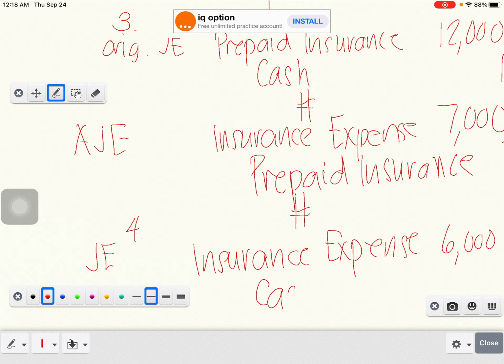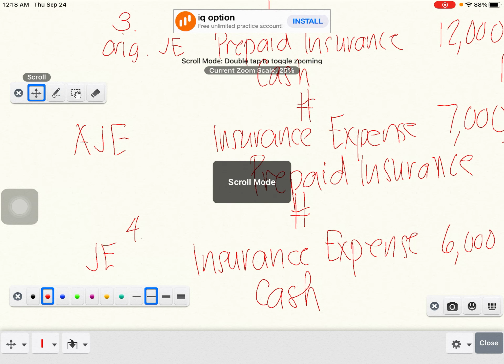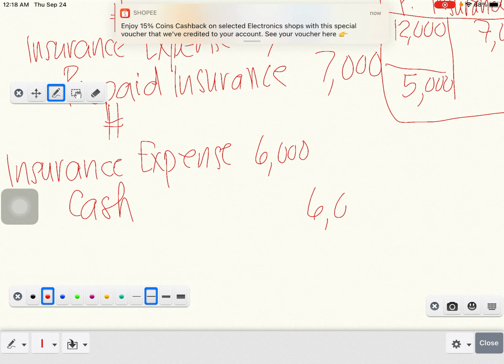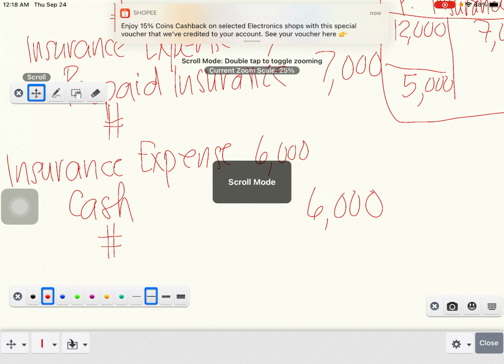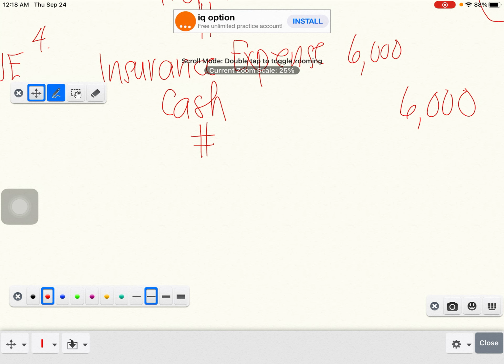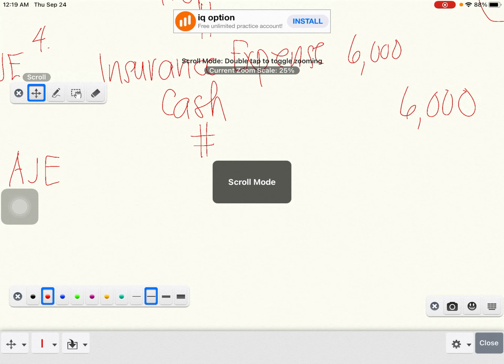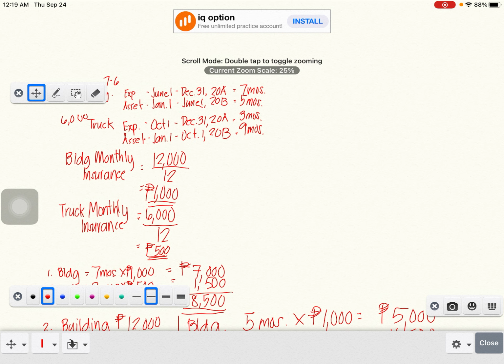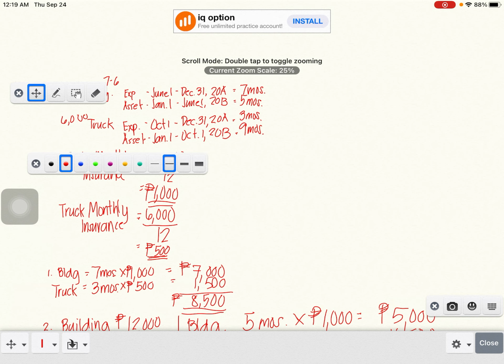Credit cash, $6,000. So what is our adjusting journal entry? Pila ka months man gani ni? Let's go back to our solution. So asset is 9, expense is 3.